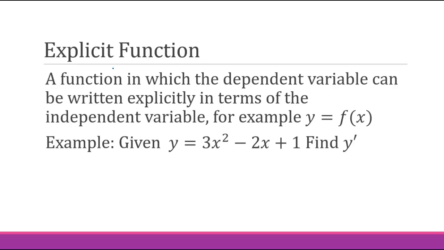Since y is on one side of the equation and the variable x is completely on the other side of the equation, this is an explicit function, and to take its derivative, we just get y prime on the left. On the right, it's just the power rule each time, 6x minus 2. So these are the types of functions we dealt with in the past, explicit functions.